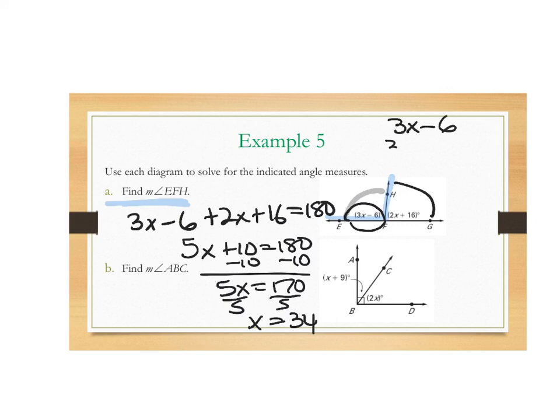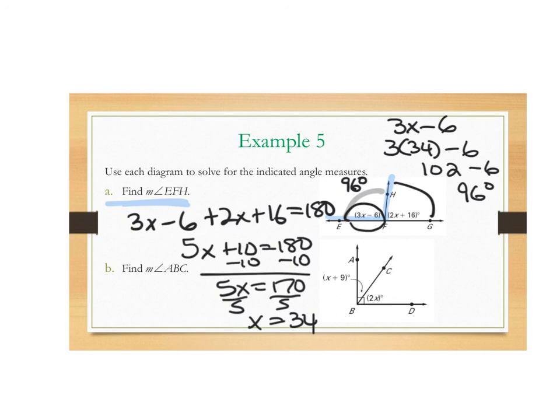And I'm going to replace x with 34. 3 times 34 is 102. I'll subtract 6. And that angle measure is 96 degrees. Now, if it asked for the other angle, I would do the same thing. Or I could subtract 180 minus 96.